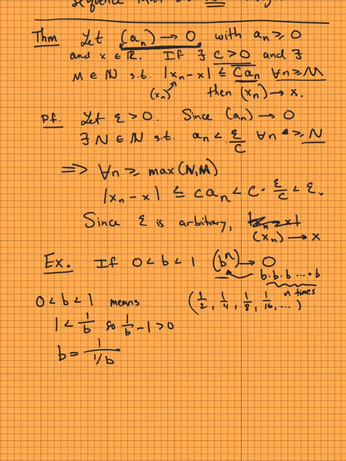Okay, so I'll write b is equal to 1 over 1 over b, which is 1 over 1 plus (1 over b minus 1), which is 1 over 1 plus a, where a is equal to 1 over b minus 1. Okay? And all I care about a is that it has to be greater than 0 by assumption.